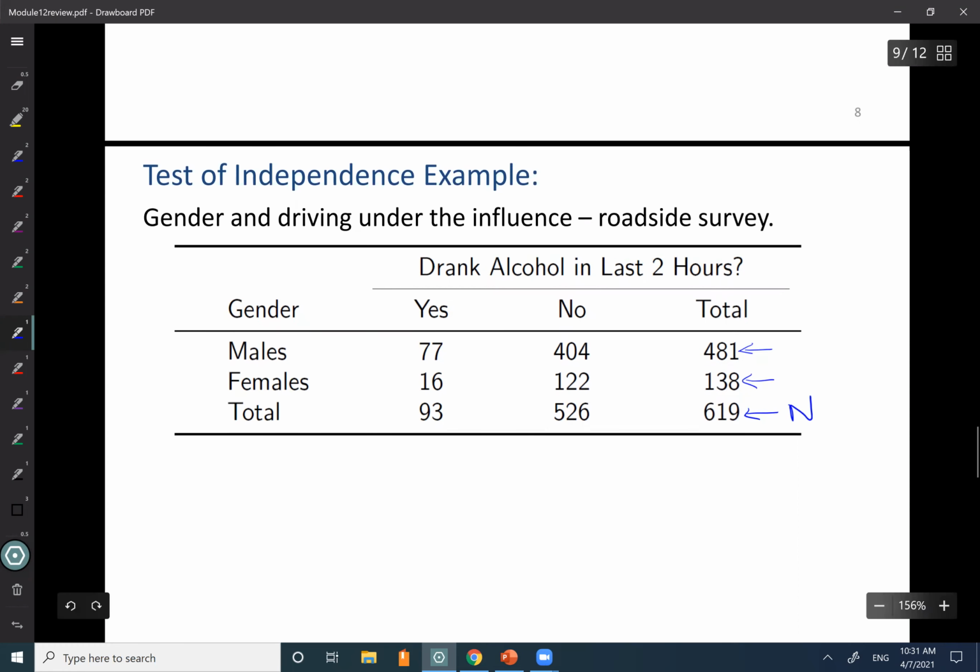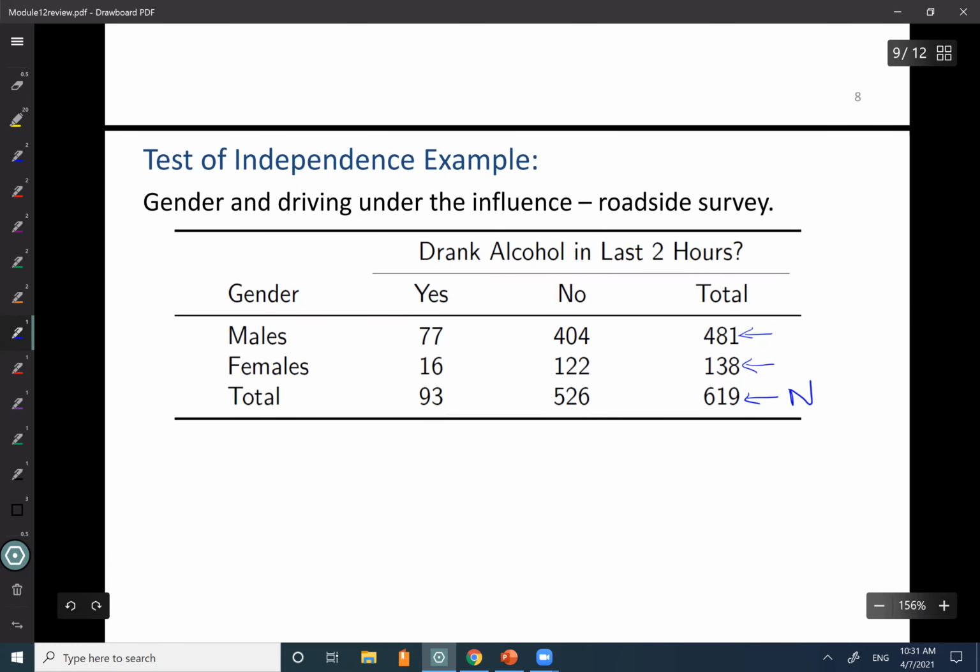So they presented this to the judge with a test of independence. Think about this: the null hypothesis is that gender and driving under the influence, our two categories, are independent. If they are independent, would he have won the case? Or if they are not independent, would he have won the case? So you think about that.